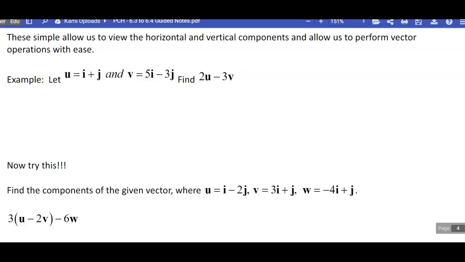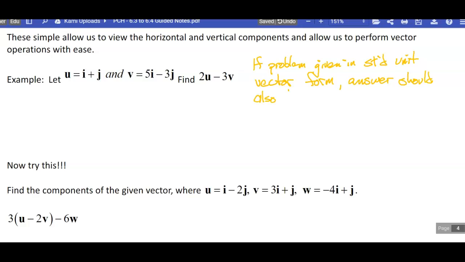So keep in mind, if a problem is given in standard unit vector form, the answer should also be in standard unit vector form.